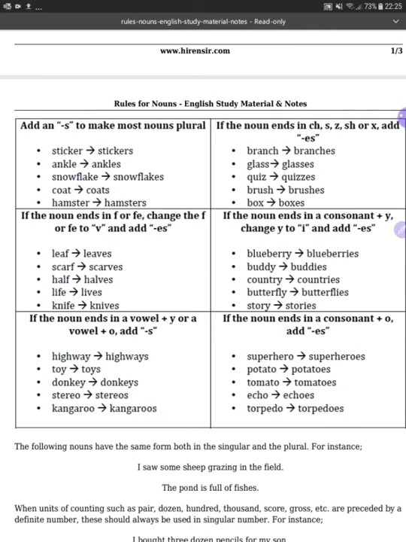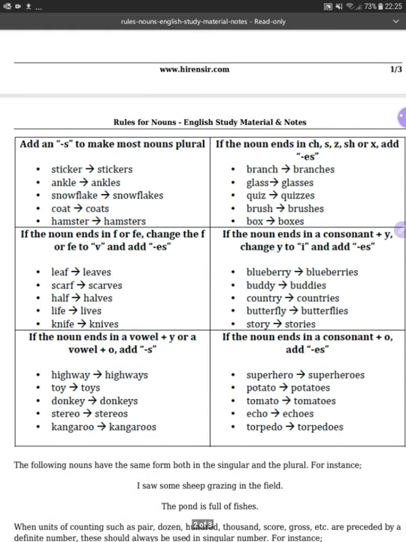The next rule is that although uncountable nouns do not have a plural form, we can use units of measurement to refer to the quantity of uncountable items. Now what is that? We can take as an example: we bought 3 liters of milk, 2 loaves of bread, a sachet of shampoo and 5 kilograms of rice.